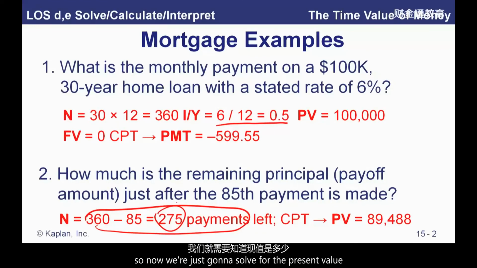So now we're just going to solve for the present value at the end of the 85th month with 275 payments left. We're still in end mode, so that's fine. We compute the present value and say the outstanding balance after 85 monthly payments is $89,488.